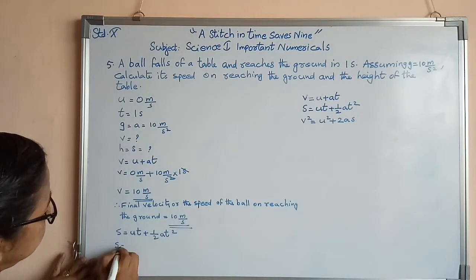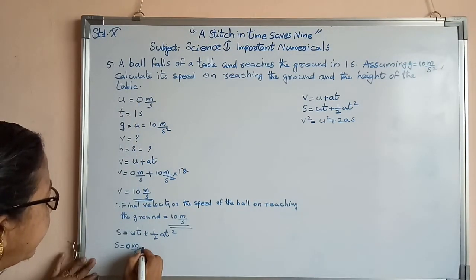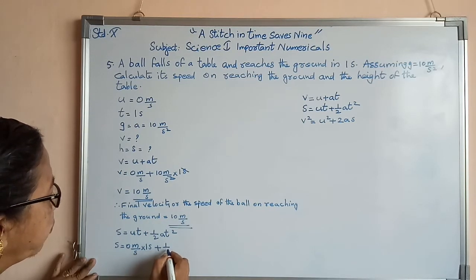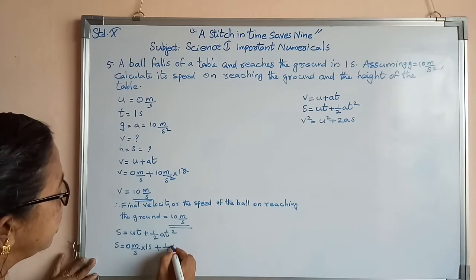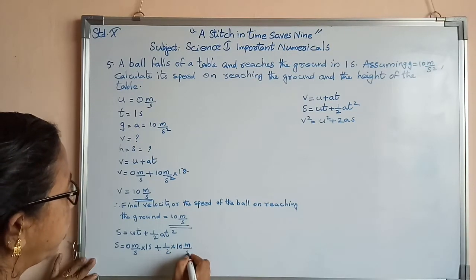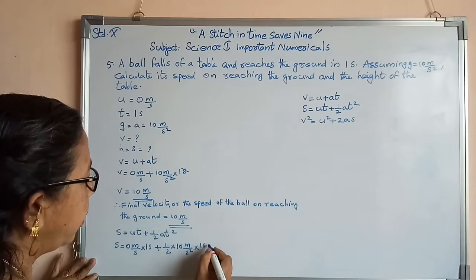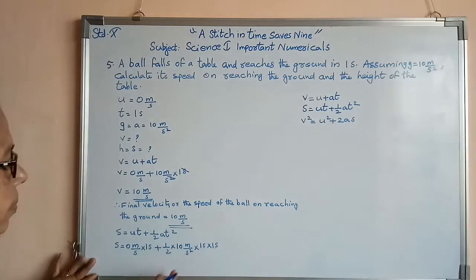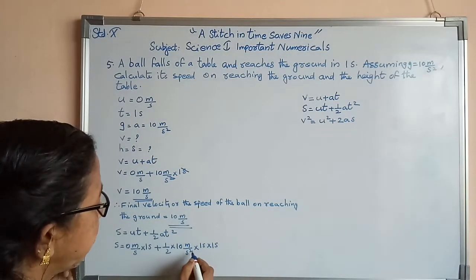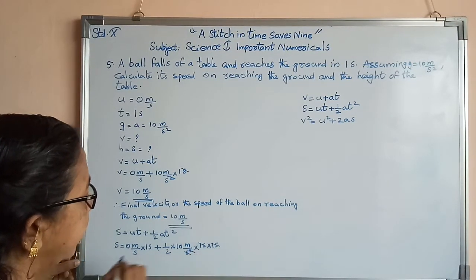Now s is equal to u, initial velocity 0 meter per second, into t. t means 1 second, plus half into a. a means g, that is equal to 10 meter per second square into t square. t is 1 second into 1 second. So which things are possible to cancel? I am cancelling here. This second and this second I cancelled.